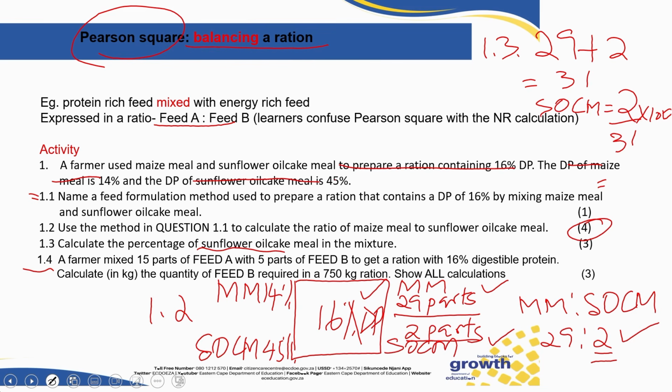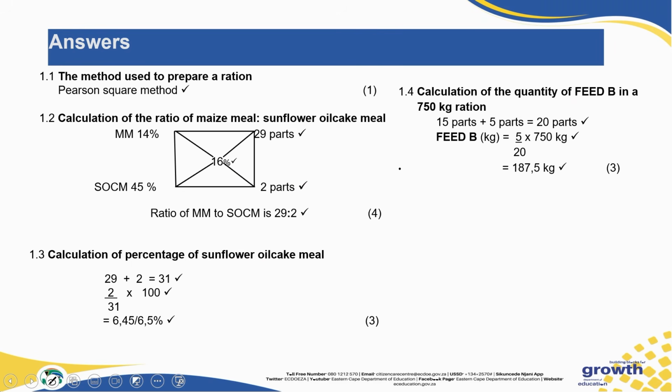So here you are required to calculate the quantity of feed B. So the quantity of feed B is 5 parts to 750 kg, with feed A being 15 parts.